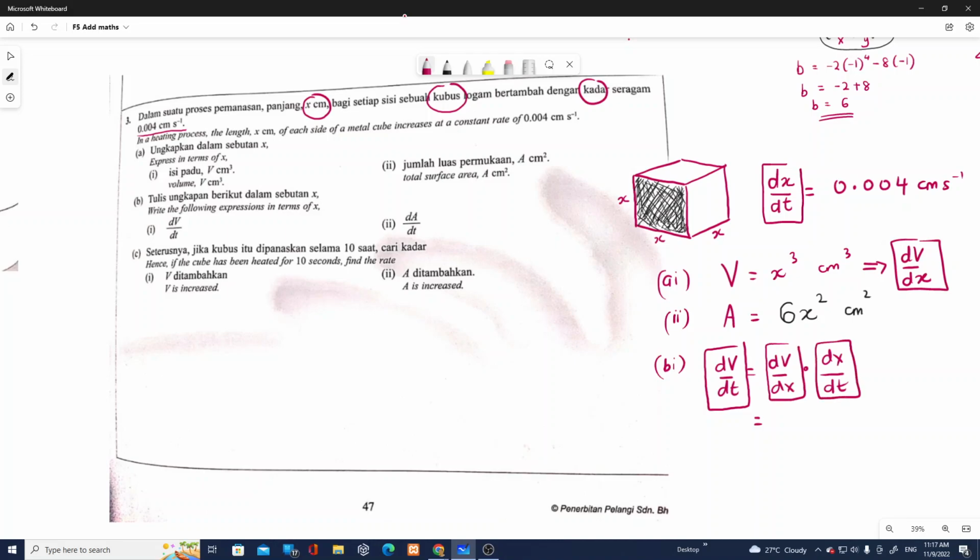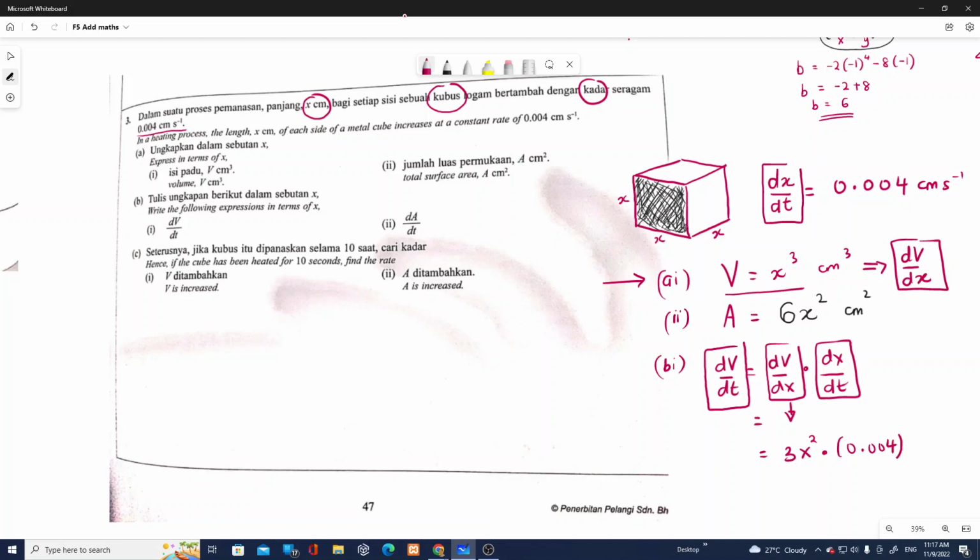From A1, V equals x cubed, so dV per dx is 3x kuasa 2, and dx per dt is 0.004.